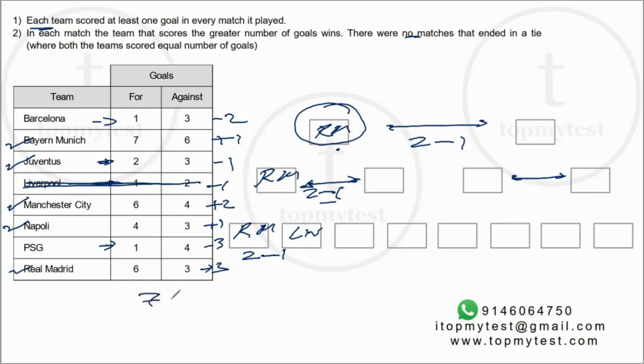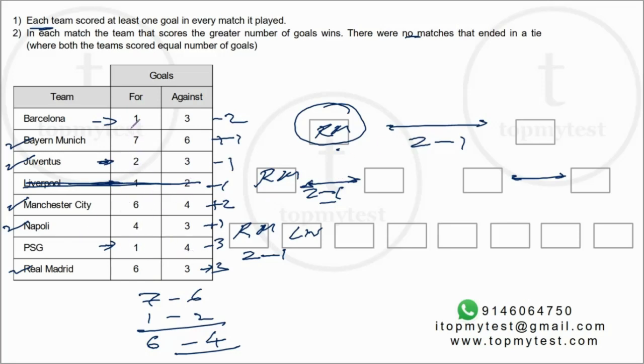From 7-6, if I take out 1 and subtract 2, it will be 6 and this will be 4. So Bayern Munich should win the first round 6-4. Now nobody loses the first round 6-4. Manchester City overall is 6-4, but nobody loses in the first round 6-4. PSG lost 1-4, Barcelona lost 1-3, Real Madrid beat this 2-1 and so on.